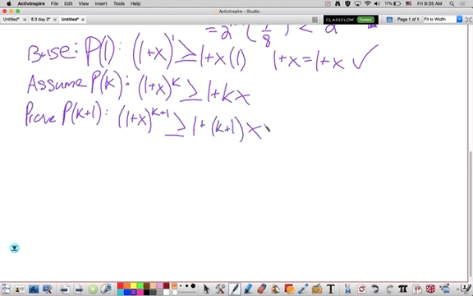This is where we have to pull apart the 1 plus x to the k plus 1 to be 1 plus x times 1 plus x to the k, which just comes from the k plus 1, is greater than or equal to, and we're just going to leave the other side the same: 1 plus k plus 1 times x. And then we can substitute back in for the 1 plus x to the k right over there.